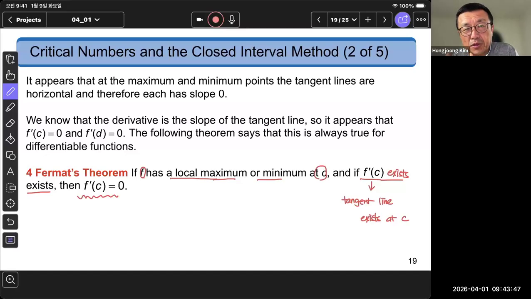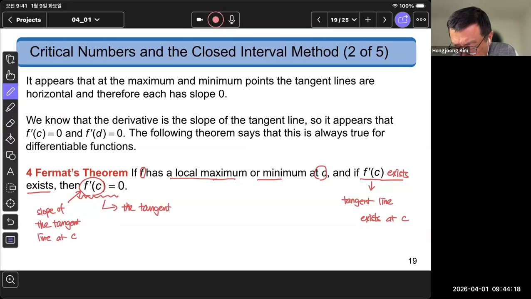That means f prime of C is the slope of the tangent, and if the value is 0, then that means the slope is 0, so that the tangent line at C is horizontal.